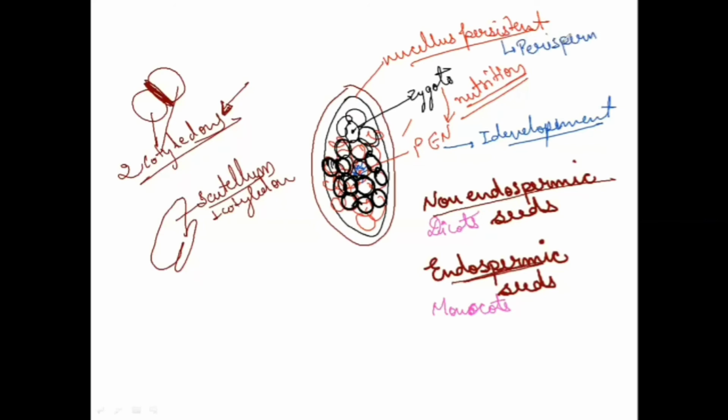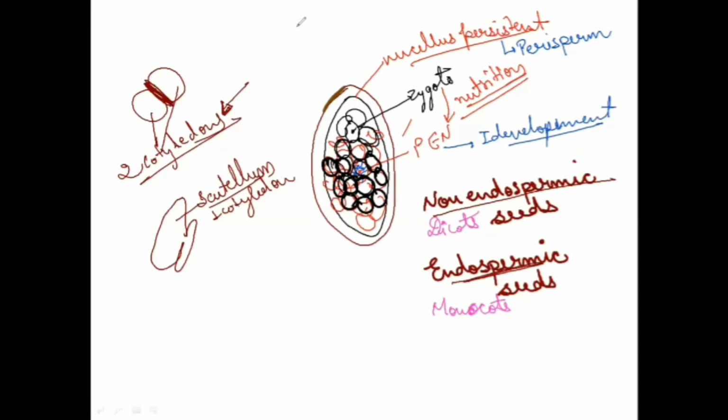Remember, pericarp was the wall of the fruit. Perisperm is persistent nucellus. Students do get confused between the two. Now, we had two integuments. If you remember, we had two integuments on this nucellus, the outer integument and the inner integument.